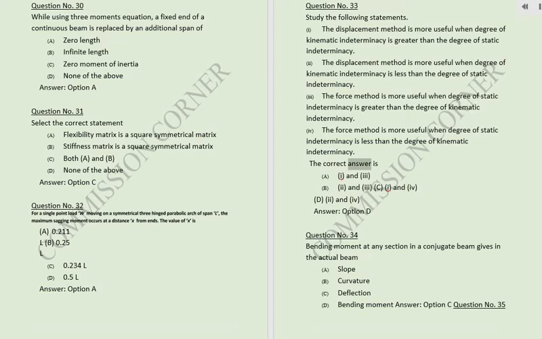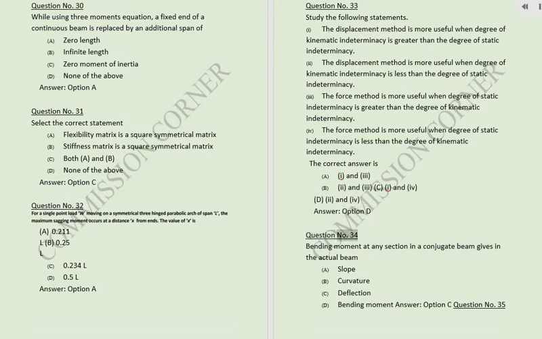The correct answer is: A, 1 and 3. B, 2 and 3. C, 1 and 4. D, 2 and 4. Answer, option D.